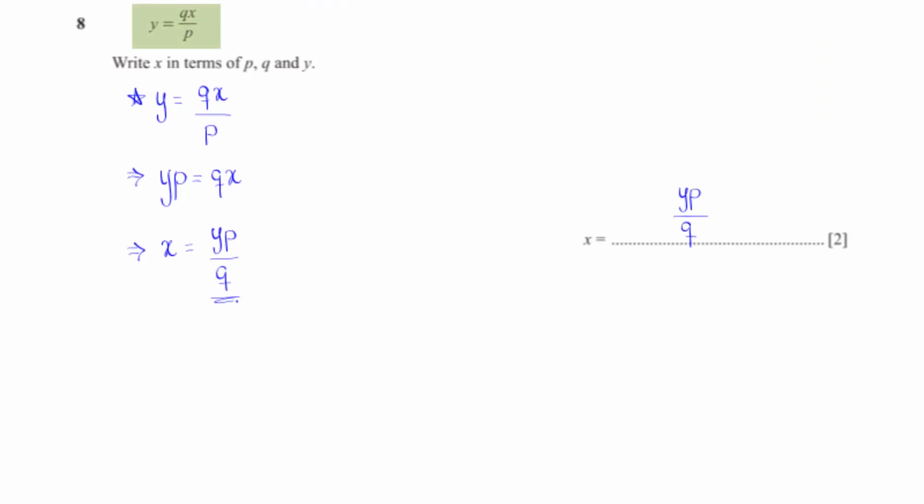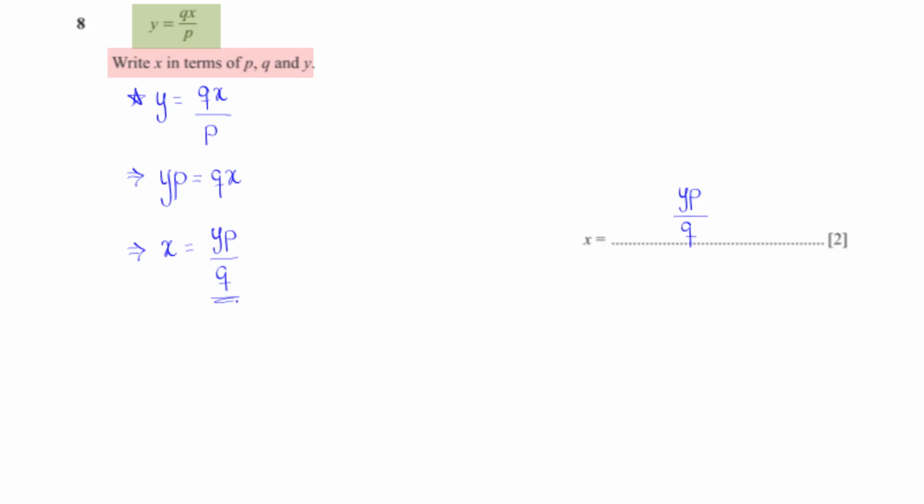Y equals qx over p. Write x in terms of p, q, and y. So to do this, we need to ensure that we move all the other letters to the other side of the equal sign so that we can leave x as the only letter standing.